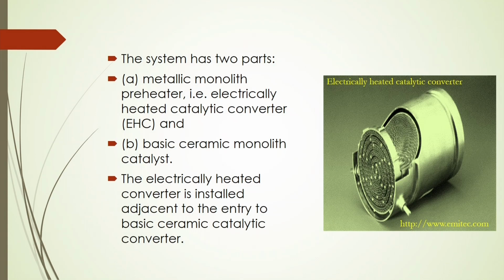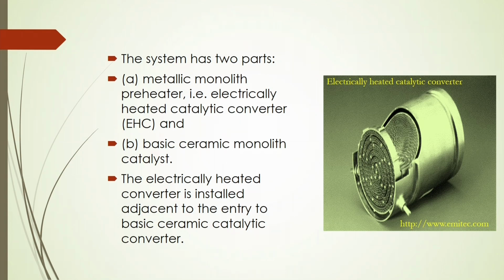The electrically heated converter is installed adjacent to the entry to the basic ceramic catalytic converter, as shown here in the figure. This figure is taken from the website given in the slides. So, that is why the catalytic converter is widely used for removal of gases coming out from the car by combustion of gasoline.